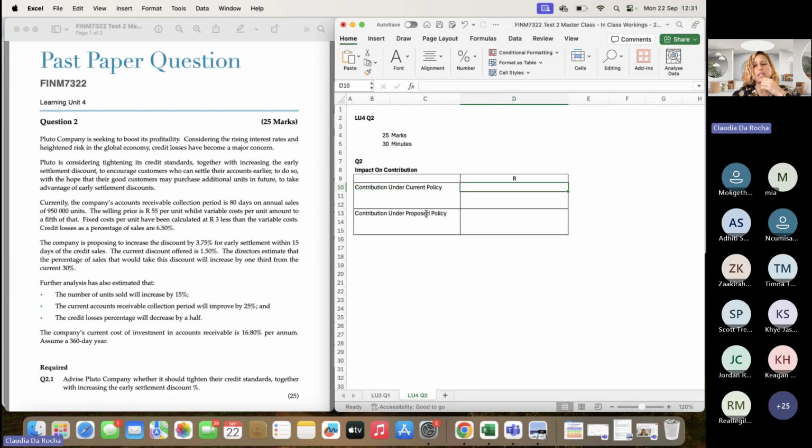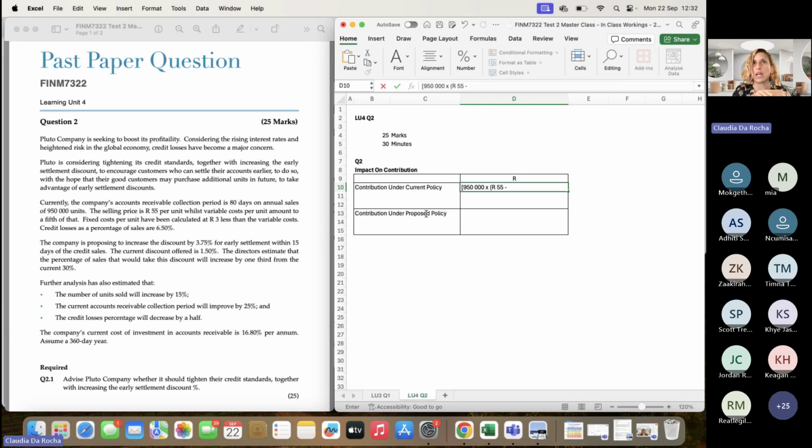All right, so what is the current policy? The current policy is we have 950,000 units times our selling price, which is the 55 Rand, minus our variable costs. Remember, because it's contribution. Contribution is selling price per unit minus variable cost per unit.